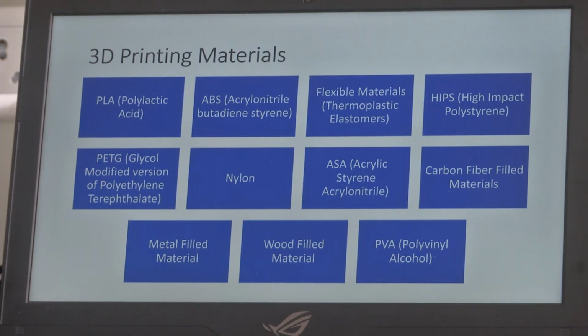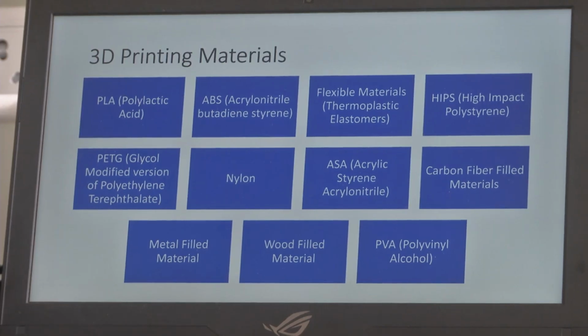Next is PETG, that is a modified version of polyethylene terephthalate. That is also used by people, but it is not as widely used as PLA or ABS. Next is nylon 3D printing material.